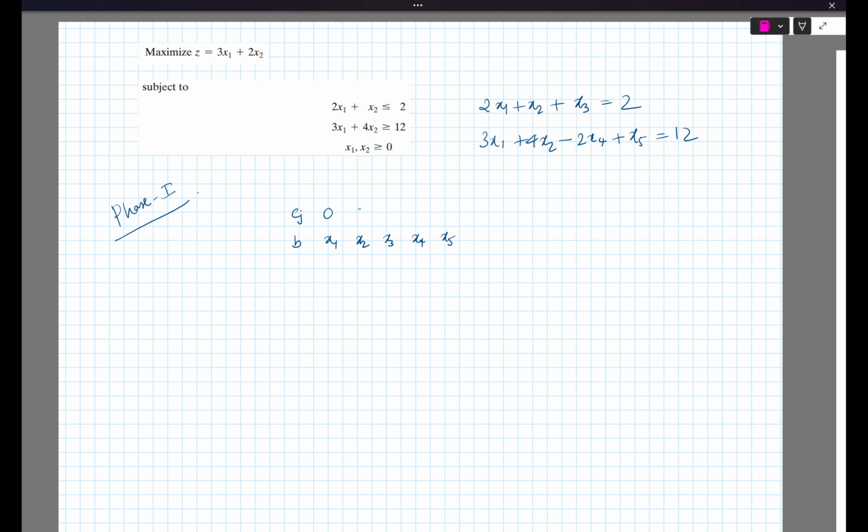So we have 0, 0, 0, 0 and minus 1 as the position for the artificial variable. And here I'll have my basic solution I can use as x3 and x5, right?